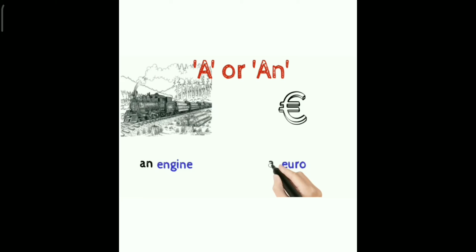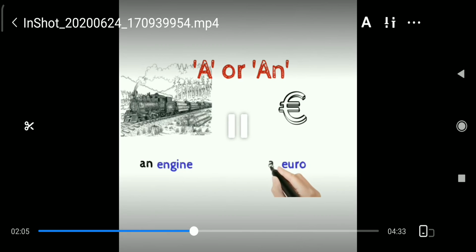Engine starts with the sound A, and it will take an because A is a vowel sound. Now listen to the sound of euro. Euro starts with the sound Y, and Y is a consonant sound. So it will take the article a. So it will be an engine and a euro.